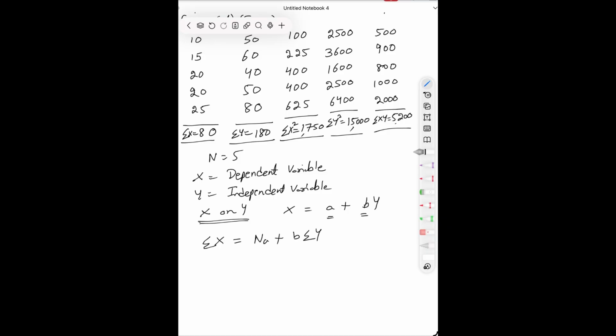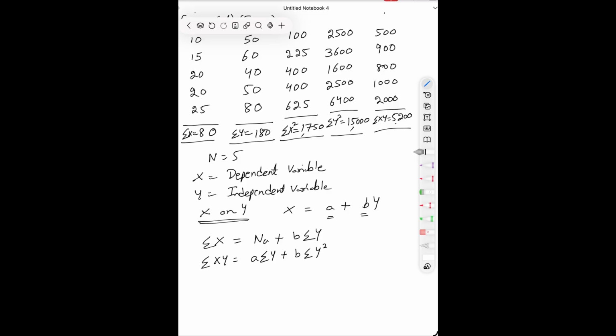This is the first equation. Then sigma xy is equal to a sigma y plus b sigma y square.